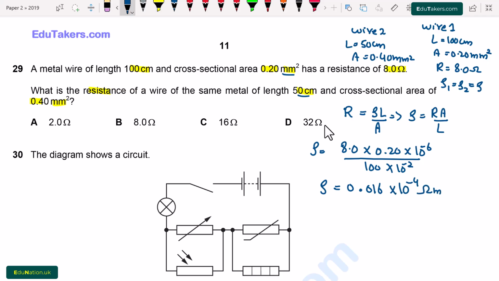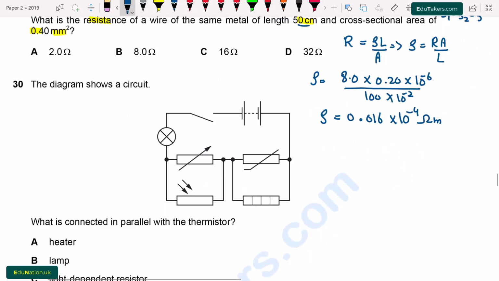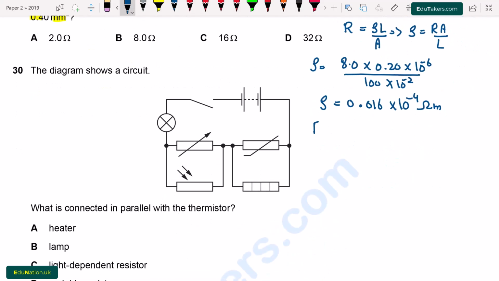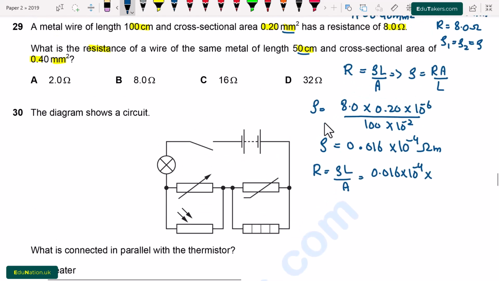I use this value of the resistivity to find out the resistance of the second wire. So I write here R is equal to rho L over A. Length is given, which is 50 centimeter, divided by area 0.40 into 10 to the power minus 6.